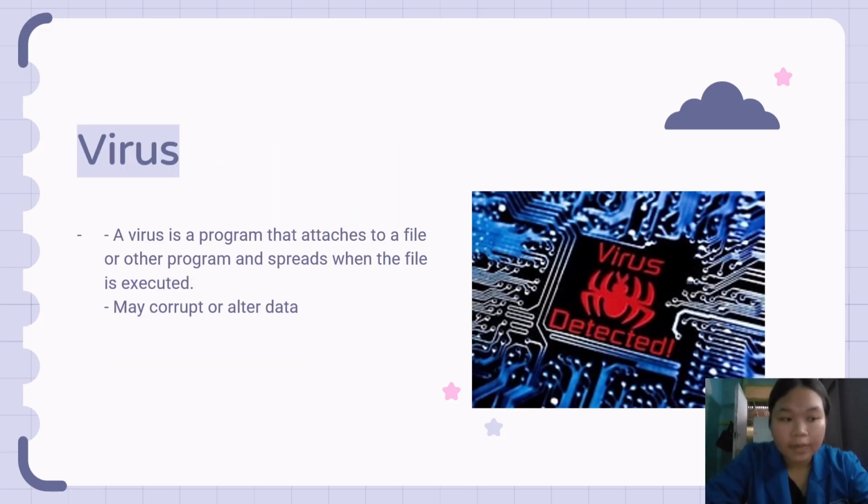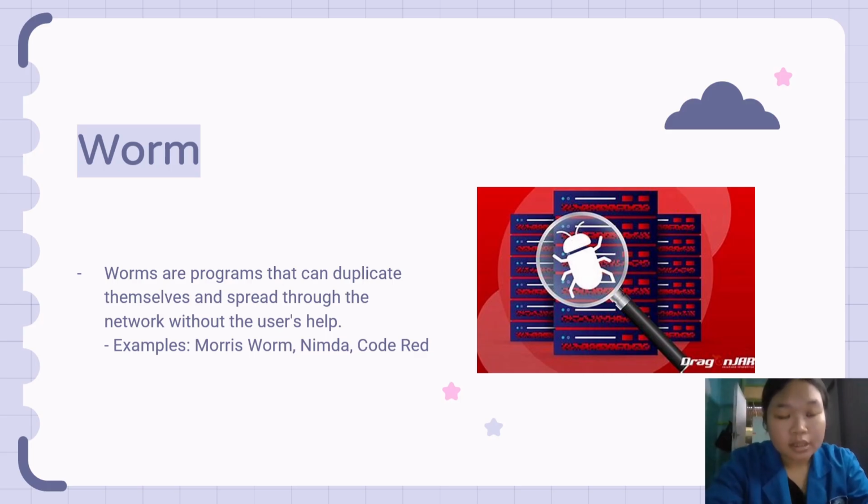Please let me explain a little about virus. A virus is a program that attaches to a file or other program and spreads when the file is executed, and may corrupt or alter data. Here is the picture illustration. Next, the second, worm.